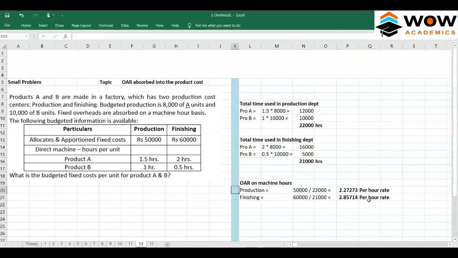Now what would be the rate for product A and product B? That we have to find. The OAR tells us if any product spends 1 hour in production department, it incurs a cost of 2.27. And if any product spends 1 hour in finishing, it will incur a cost of 2.85.